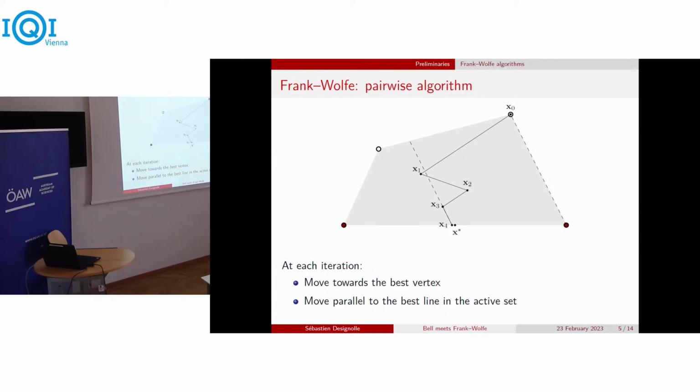If you see that you can make more progress with this step, you will not even compute the best vertex, because it can be costly. This is one of the subtle parts that the Frank-Wolfe community understood recently: how to accurately estimate this trade-off between the pairwise steps and the discovering steps.